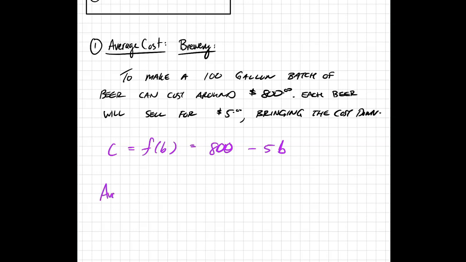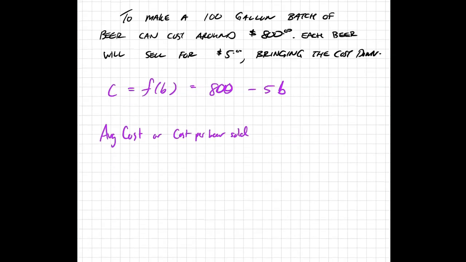Now, what we'd say is that the average cost, meaning the cost per beer, well, we would take the total cost and then divide by b, whatever that might be.